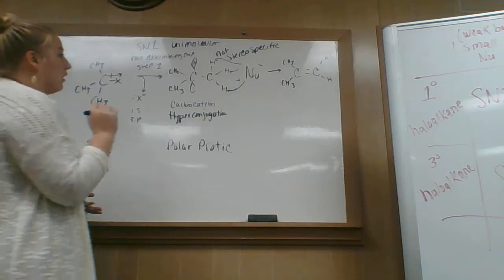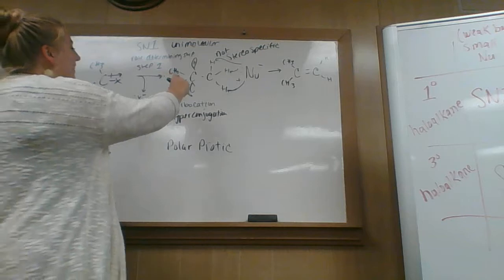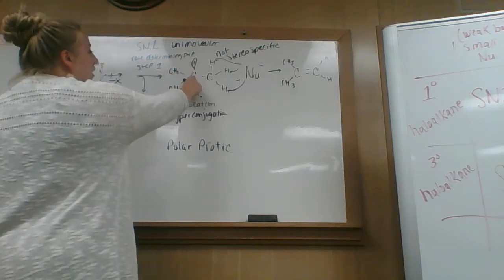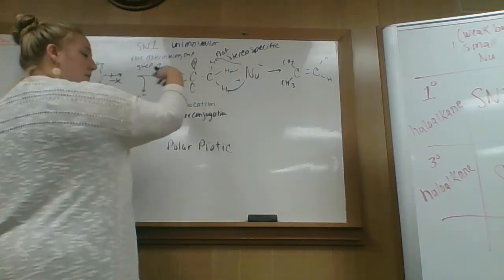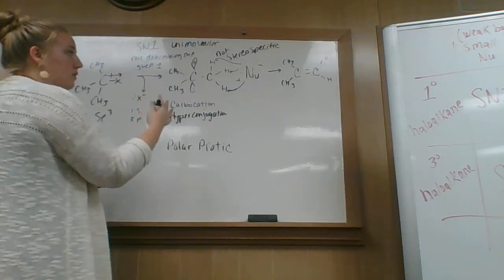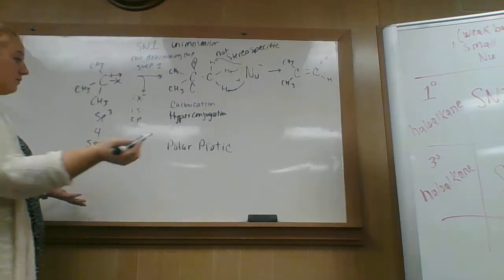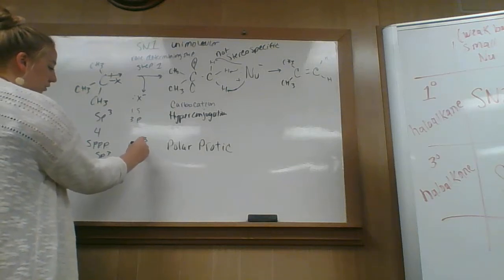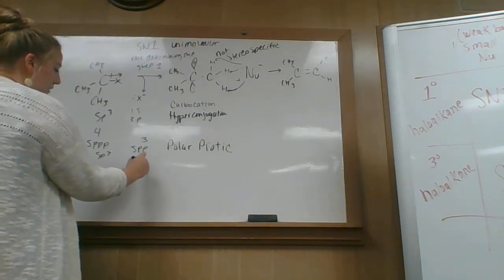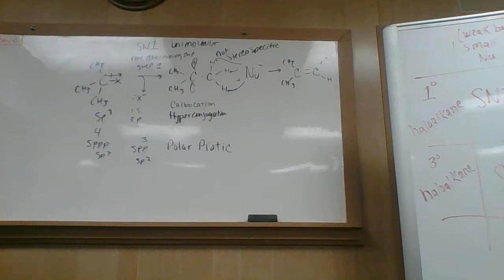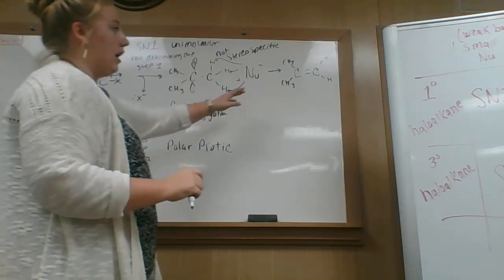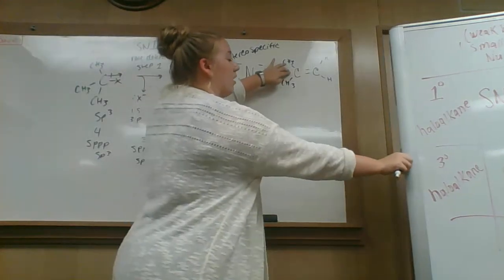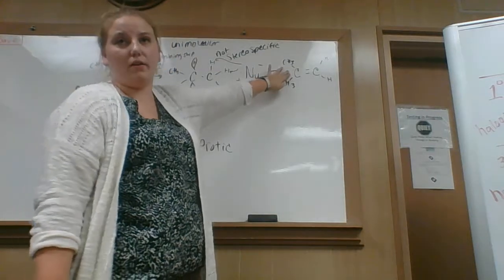Let's take a look at the center carbon here. I don't want the orbitals to confuse you, but essentially we only have three attachments. Start with your s. 1, 2, 3. sp2. This carbon here, I know there's four bonds, but how many attachments are there?